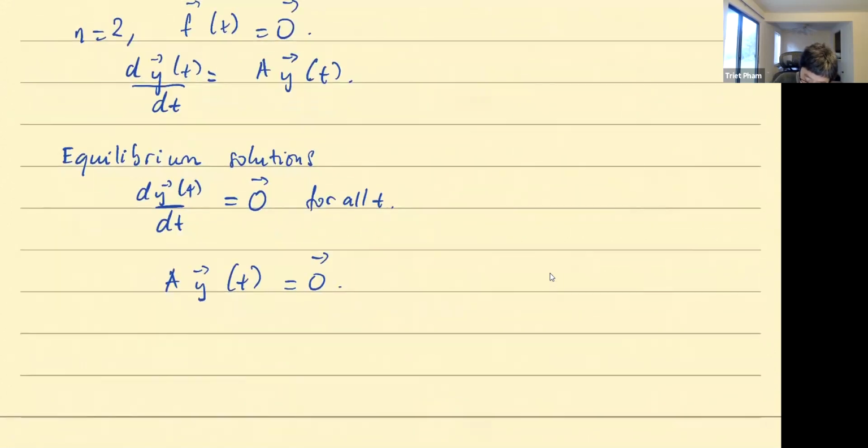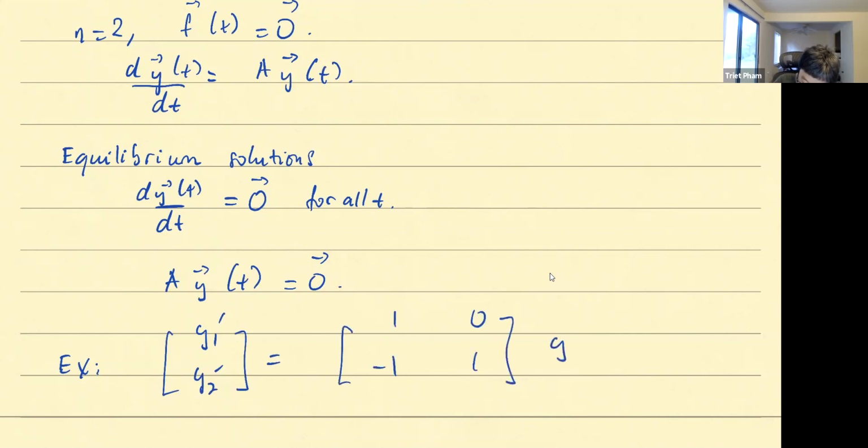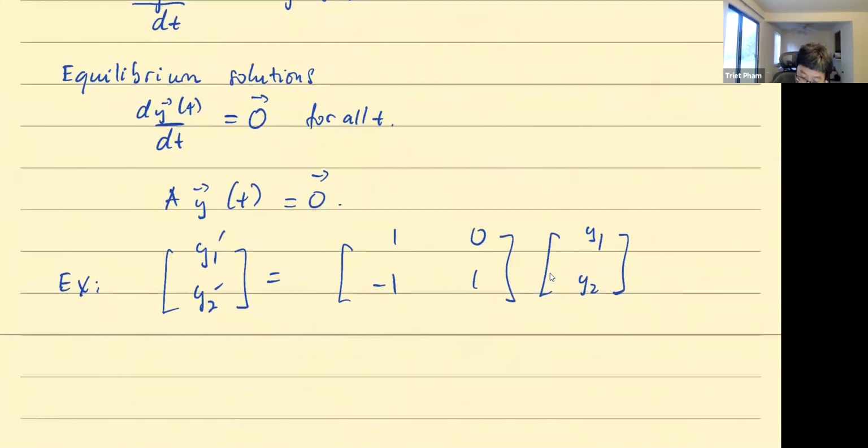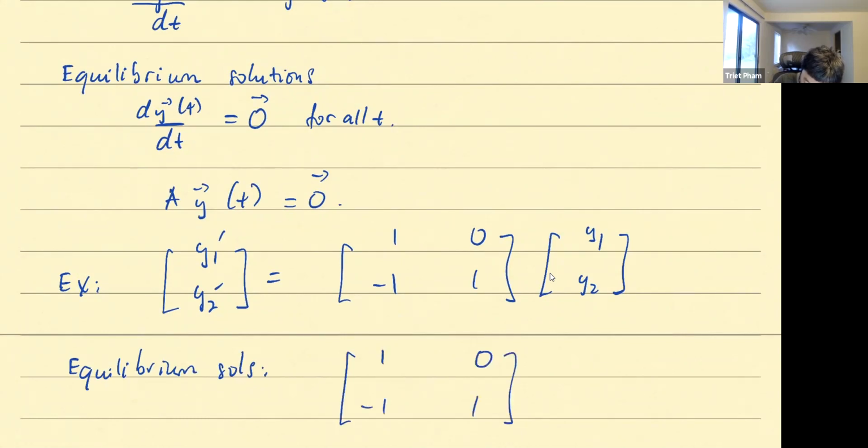Let me demonstrate. For example, suppose you have y1 prime, y2 prime is equal to, I don't know, 1, 0, minus 1, 1, times y1, y2. So the equilibrium solutions or the equilibrium point are the solutions where this is equal to 0, 0.